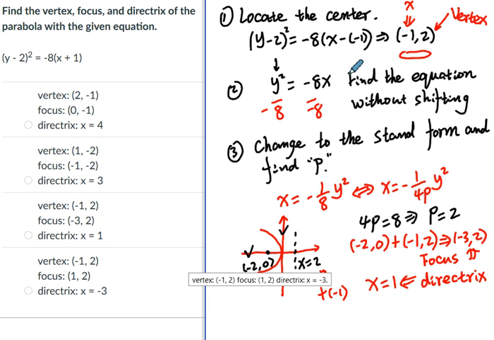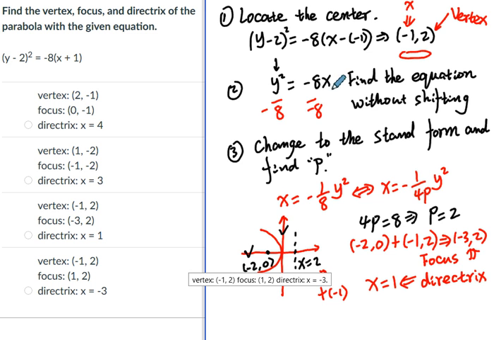So we want to find out the original equation without shifting, changing this one to standard form and finding p. For standard form, the exponent is 1, so that variable should stand alone.